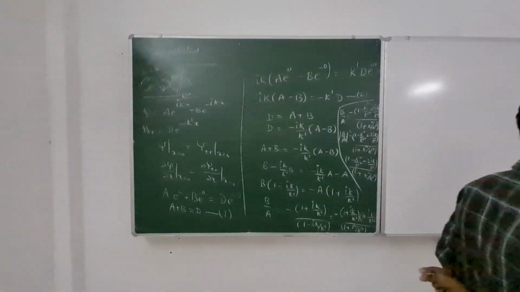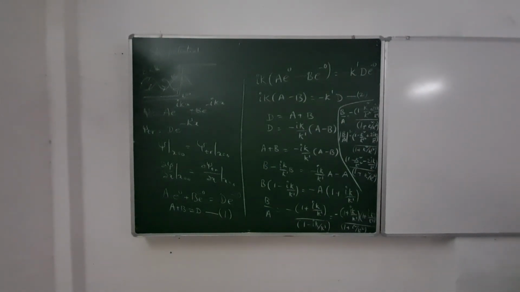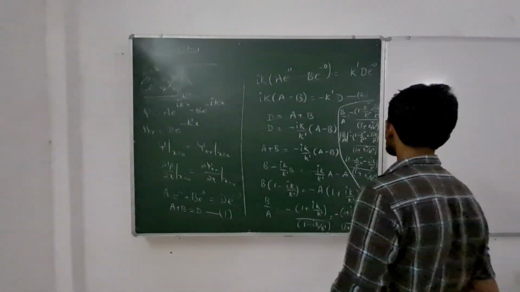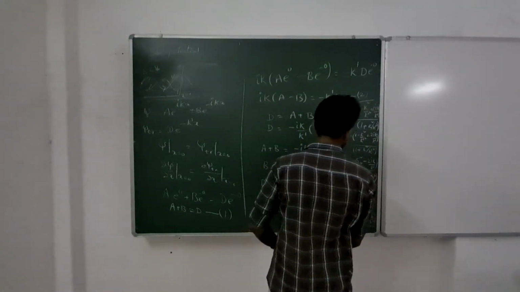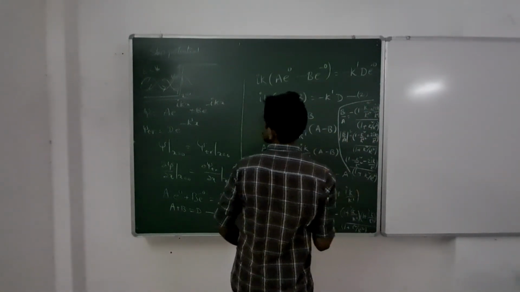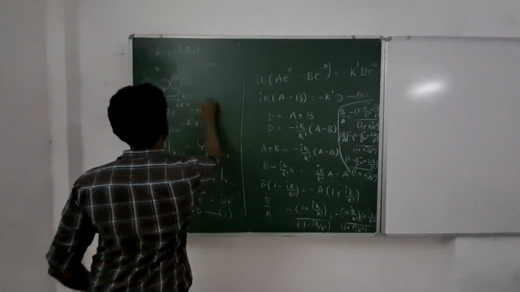So (a plus ib)(a minus ib) is a square plus b square. So what do you get?